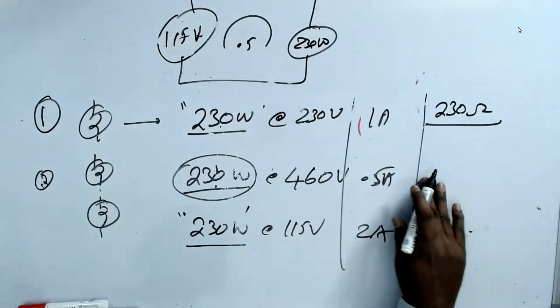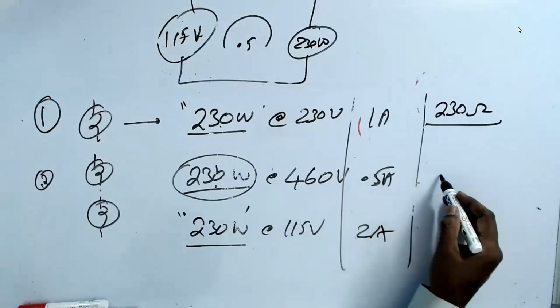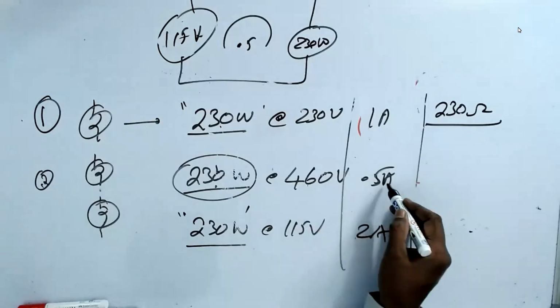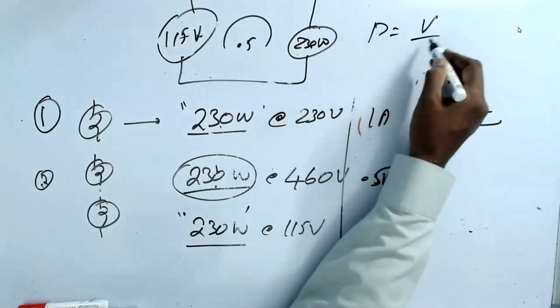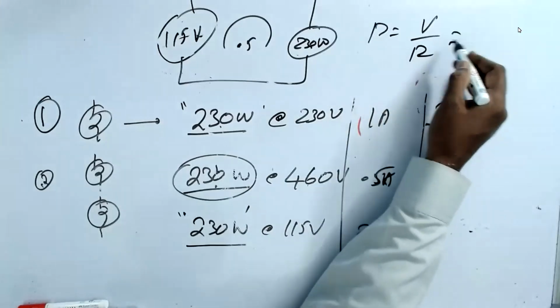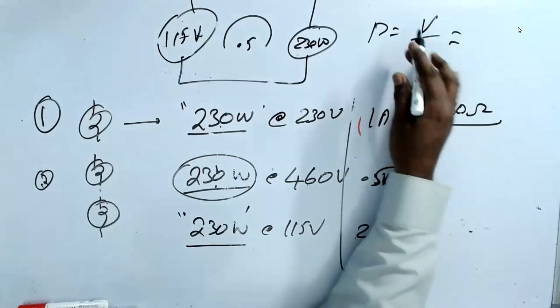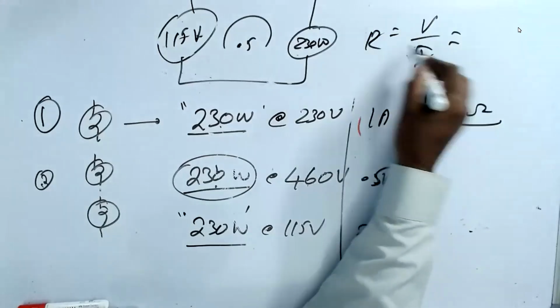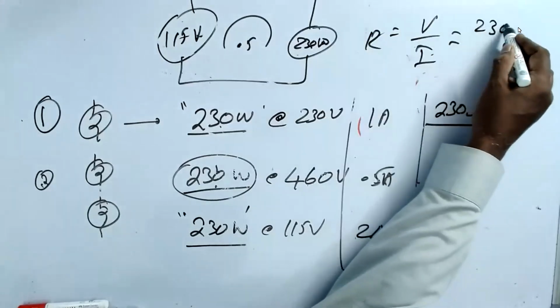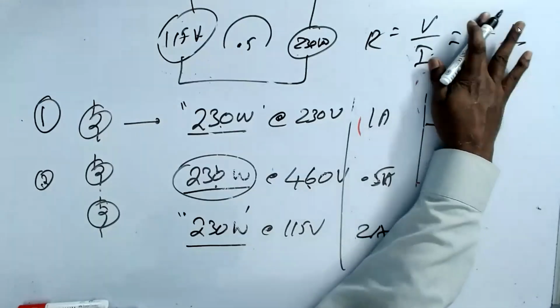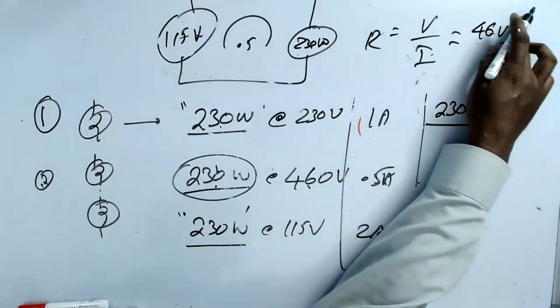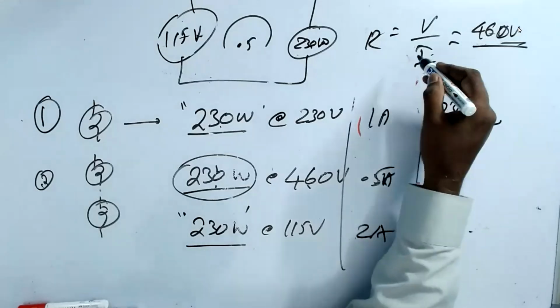Okay. So this is how much? So P is equal to V by R. So you get V by I, sorry, R is equal to V by I. So 460 volts divided by 0.5.